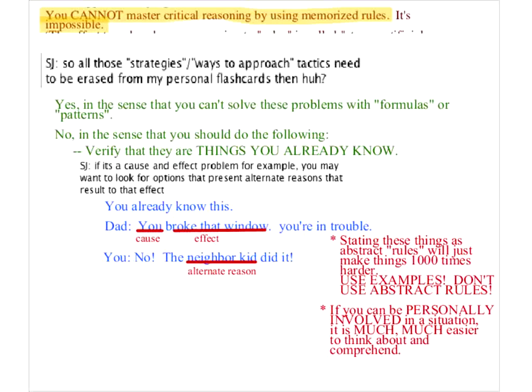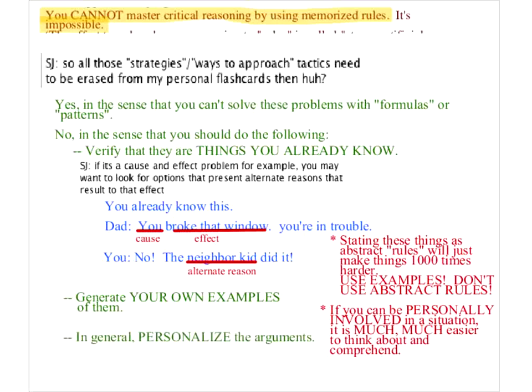So in addition to verifying these are things you already know, you should generate your own examples of them. And then, in general, personalize the argument. What this means is two things.